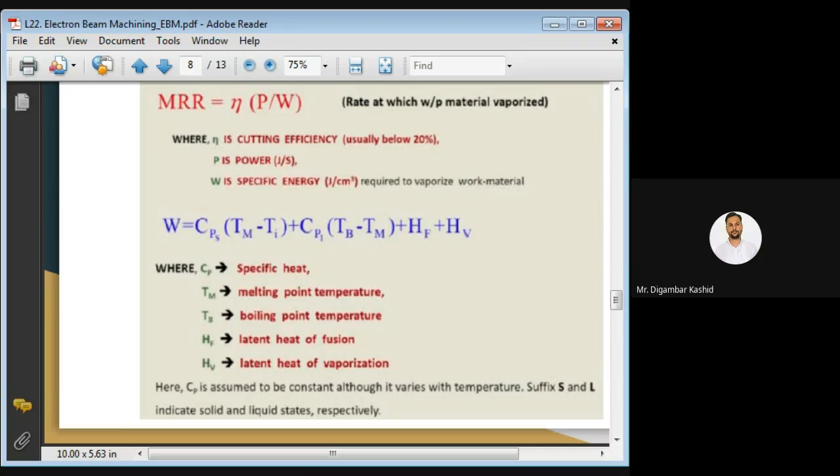Okay, so you will get these detailed references in this book also, Vikajam sir's book, Advanced Machining Process.